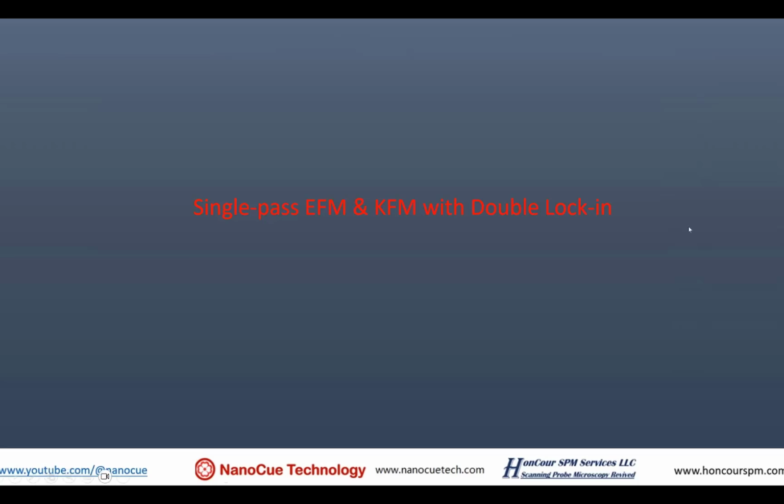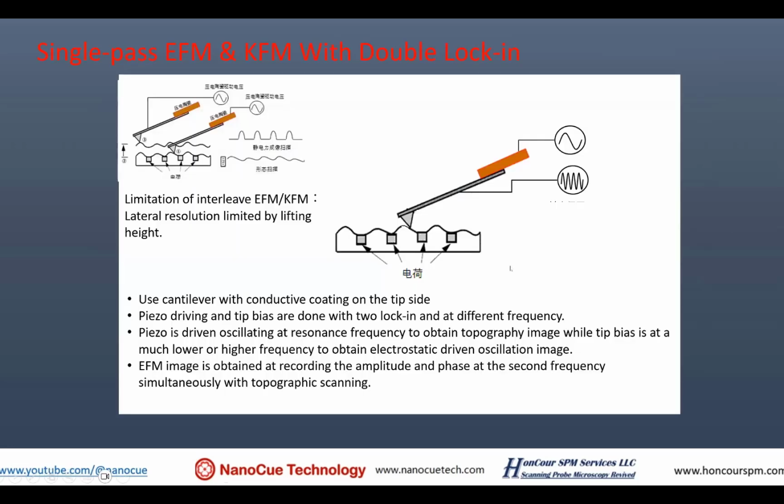So single pass EFM-KFM uses multiple lock-ins. Basically, the AFM will use two lock-in amplifiers. One is to oscillate the sample at one particular frequency, and then it does tapping mode to record the topography. At the same time, it will use a separate frequency to apply an AC bias to the tip.